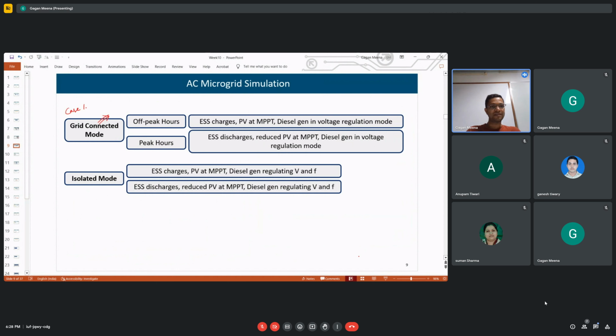Here we have DC, this is also DC. This bridge will convert this DC at 48 volts into AC, and this side at 380 volts will also be converted into AC. So on both sides we have AC and a transformer here. Is this clear now? Yes.